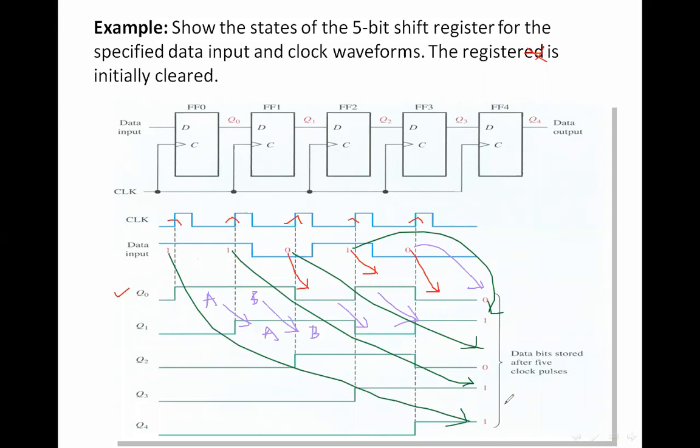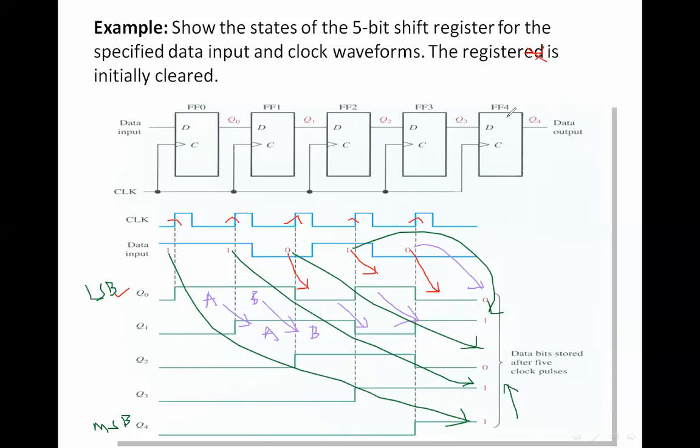So if you can read the data, we have given 11010. So you have to read data in this fashion: 11010, because Q4 is your MSB and Q0 is your LSB. This is your most significant bit. This is your least significant bit. That's what you're seeing here.